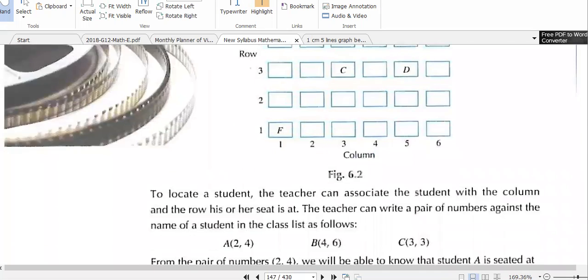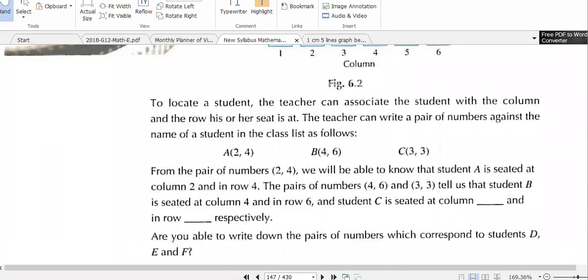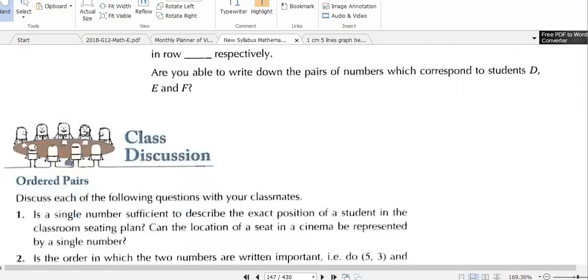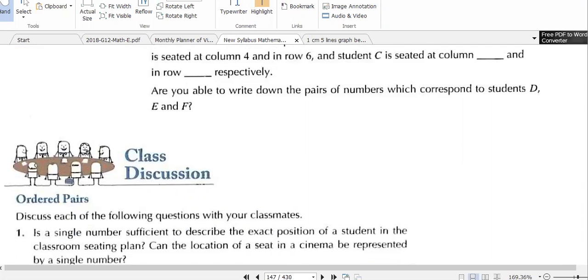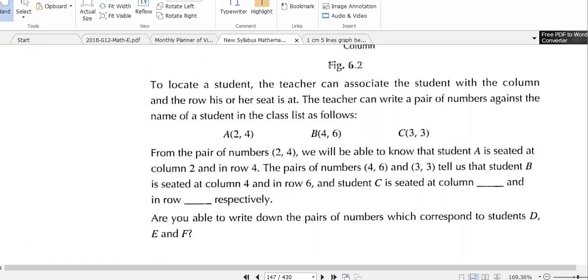So if we have a plane that has two axes, x-axis or horizontal axis, y-axis or vertical axis, then the plane is called Cartesian plane. If I plot any point on the plane, that point needs two coordinates.